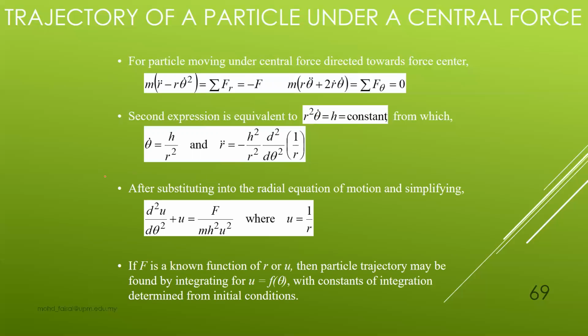After substituting into the radial equation of motion and simplifying, you can have this term here. If f is a known function of r and u, then the particle trajectory may be found by integrating for u, with constant of integration determined from initial condition.